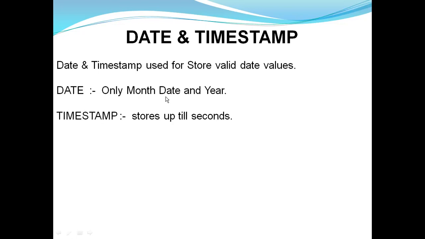And date is only month, date, and year. But here it does not mean it is not taking the hours, minutes, and seconds. It is having the hours, minutes, and seconds, but that is rounded up till the date. Rounded. Simple here. And timestamp is storing the entire value up till the seconds, or you can say the milliseconds as well.